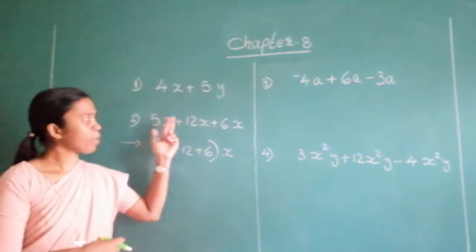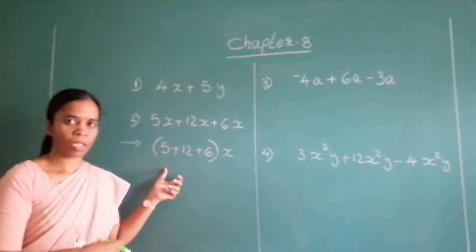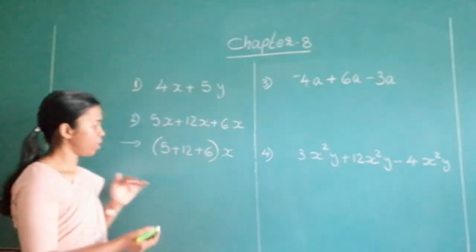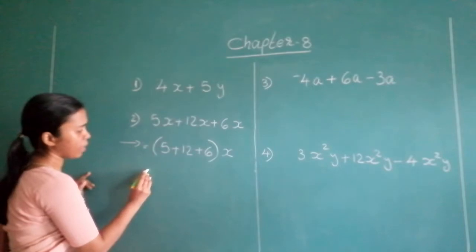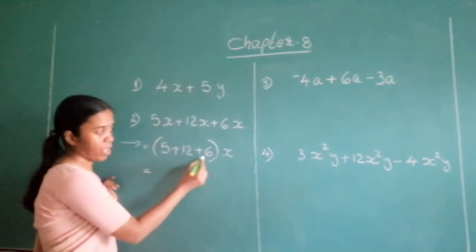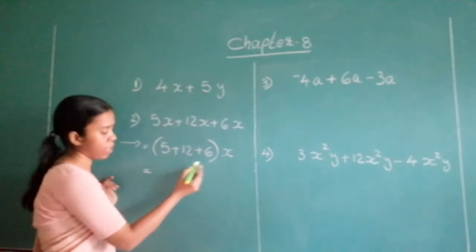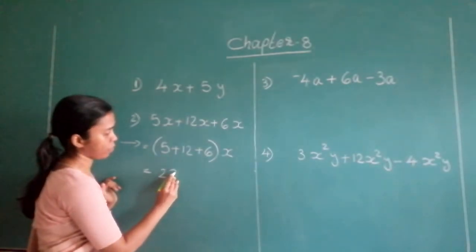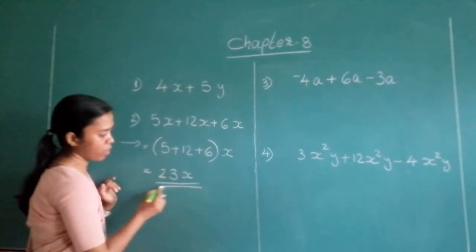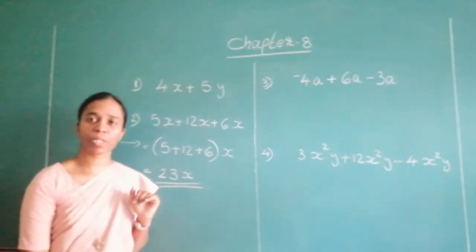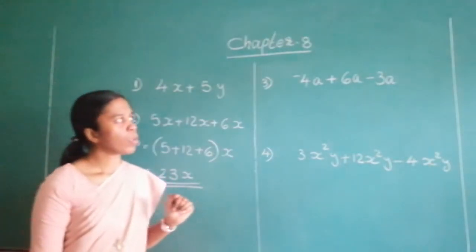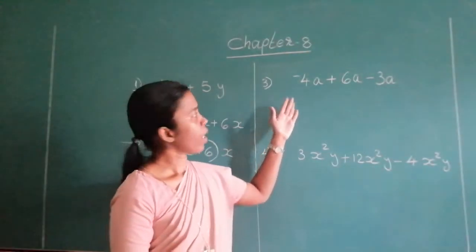So I added 5 plus 12 plus 6. And what have I purchased? Pear. So I have put it together. So what will my answer be? 5 plus 12, 17 plus 6, 23. X. So I have all together, I have got 23 pears. 23x.